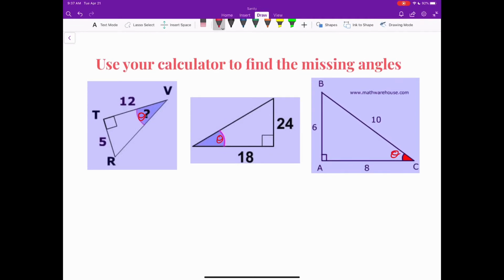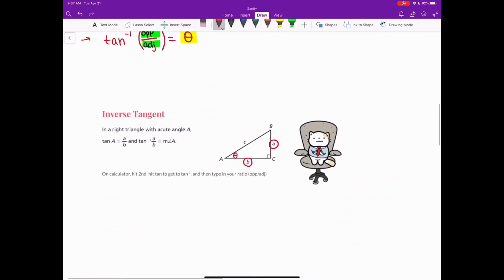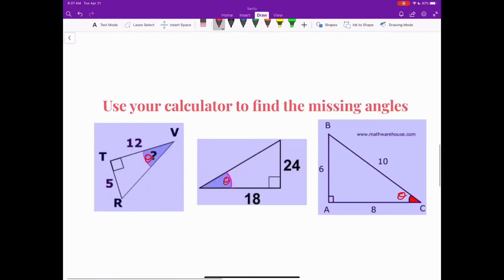All right, so I'm just going to go over this one real quick again. We're talking about inverse tangent because we're trying to find the missing angle, right? So I could set up an inverse tangent function. And again, my inverse tangent function takes an input of a ratio and it outputs my angle, what I'm trying to find.